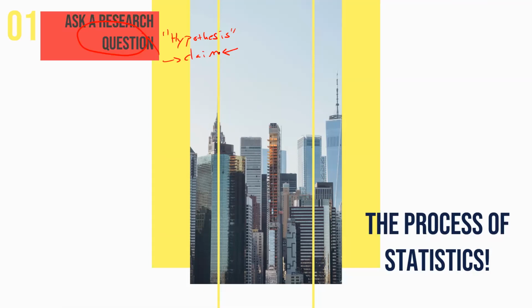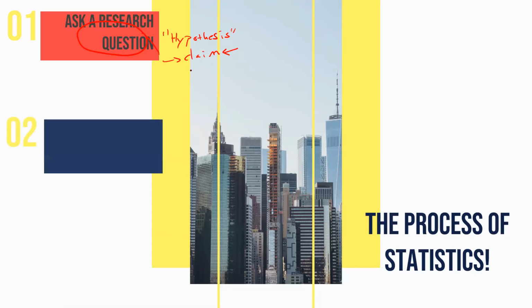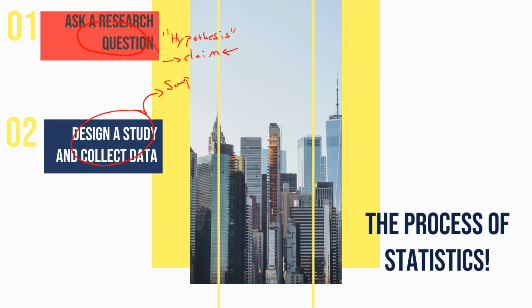We want to get to that section number 5, statistical inference. To do that, you're going to have to design a study and collect data. So you're going to have to sample from a population. And I'll explain more in a little bit what the difference between a sample and a population is.